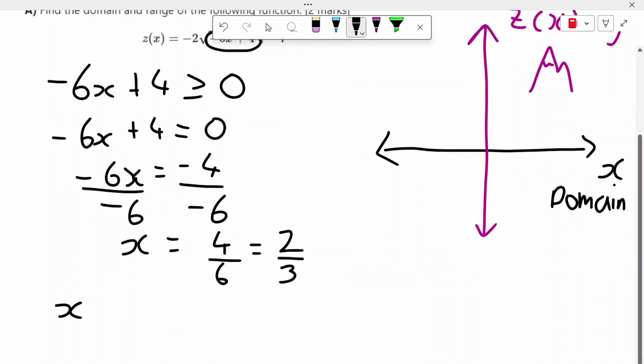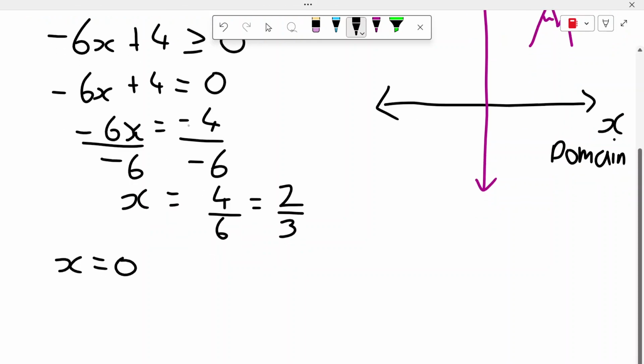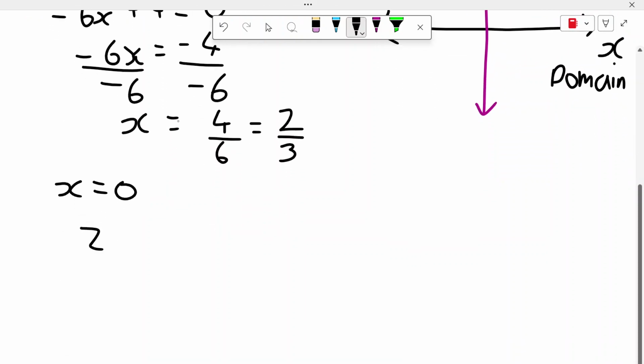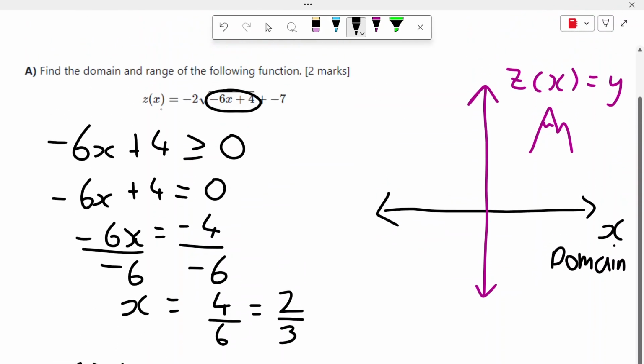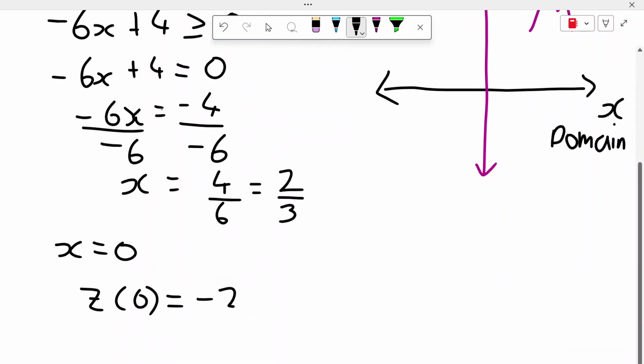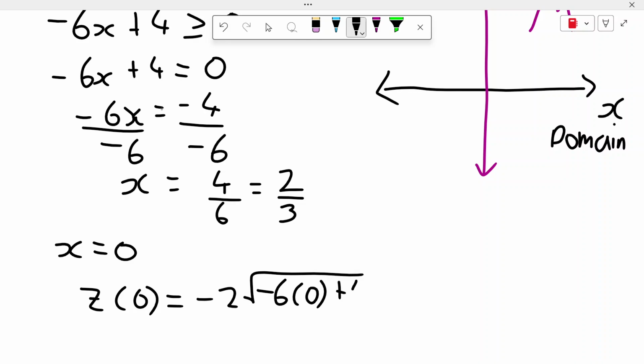Let's say x is equal to 0. Okay, if we input it into our big equation here, I'll rewrite it out. We get z of 0 is equal to minus 2 minus 6 times 0, plus 4, and then minus 7.